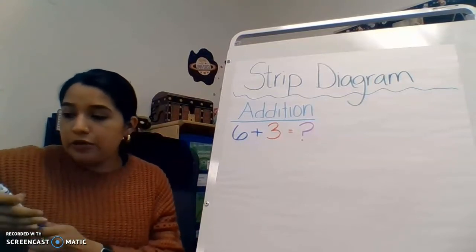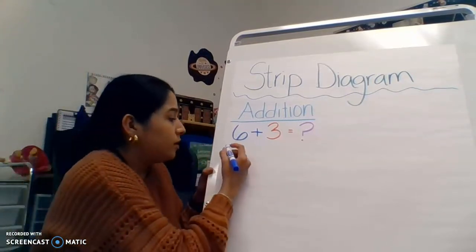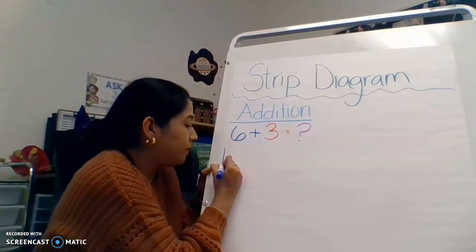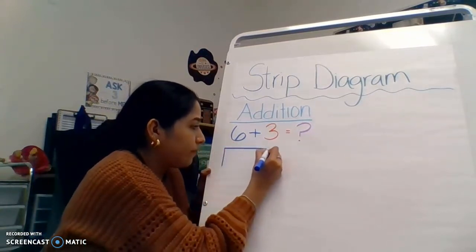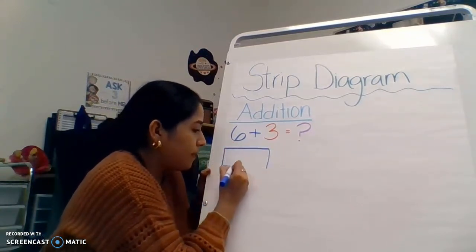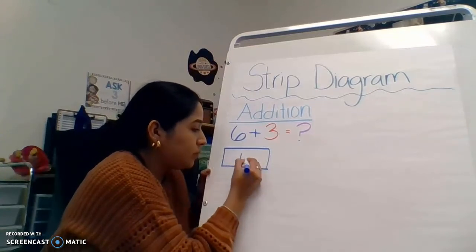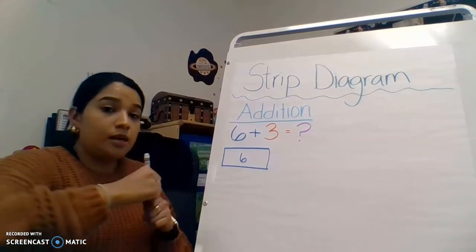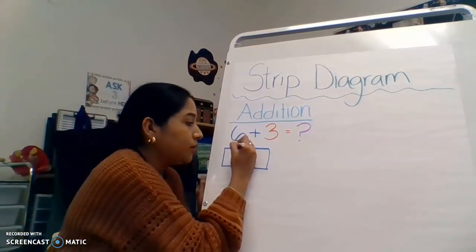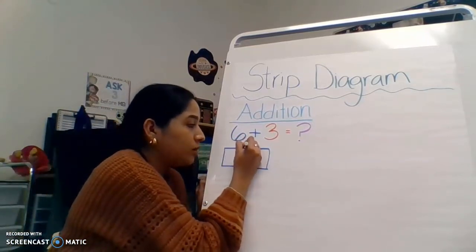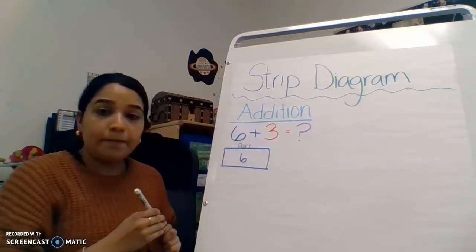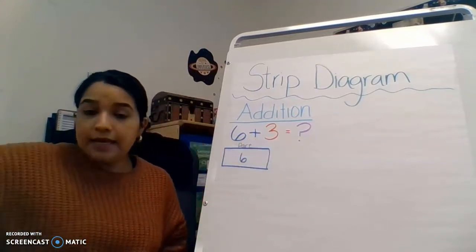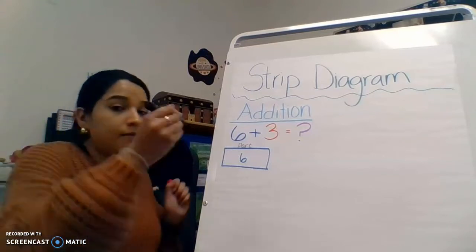So we can go ahead and draw a strip diagram. So we have 6 bluebirds, and this is one part, so I'm going to put here our part. And then how many redbirds did we have?